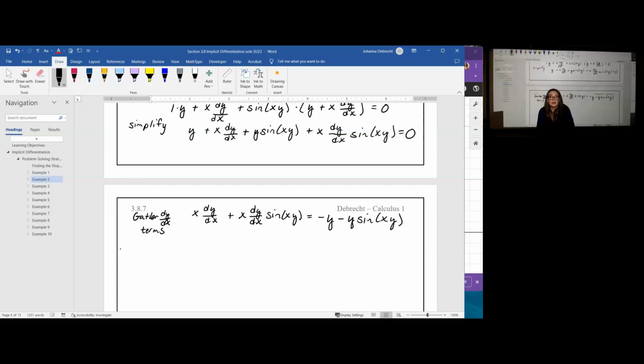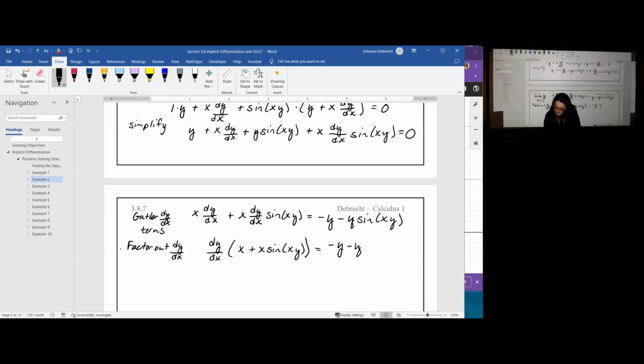In my next step, I factor out the dy/dx and only dy/dx. It is true that I have a common factor of x as well on the left side, but I really only want the dy/dx. So that's all I take out. And this leaves x plus x sine of xy in parentheses. And in my next step, I'll divide by that.